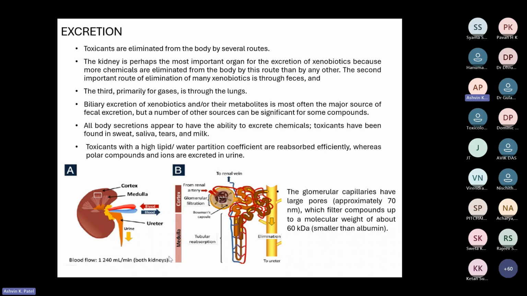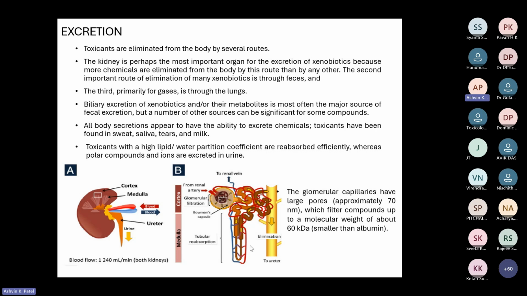Then the last segment, that is excretion. Toxicants are eliminated from the body by several routes, in which the kidney is perhaps the most important organ for the excretion of xenobiotics.